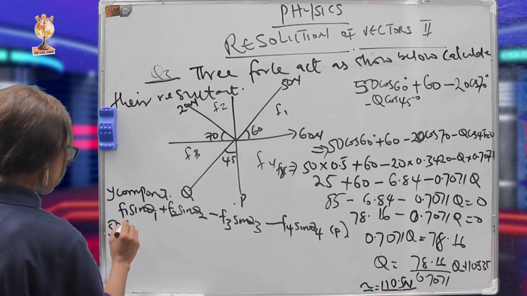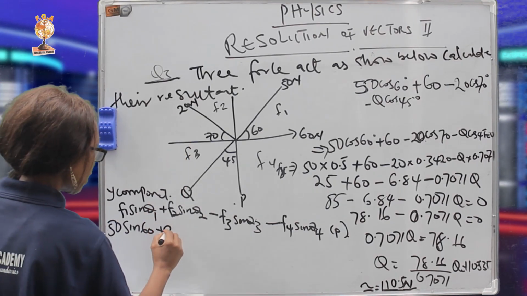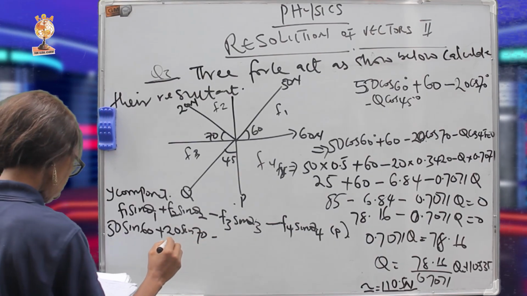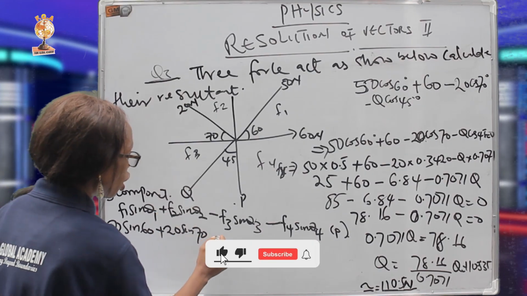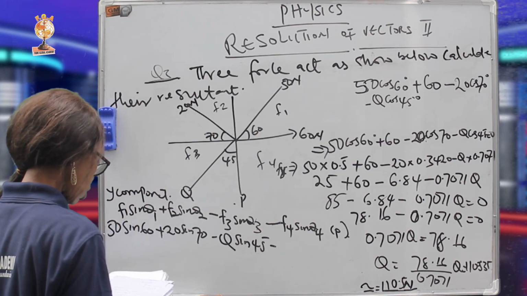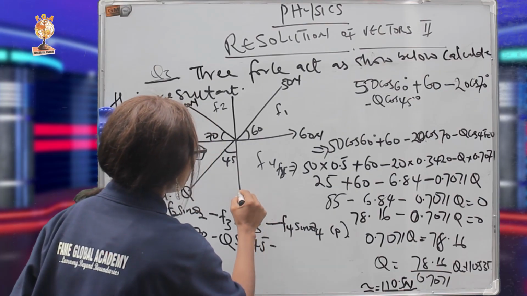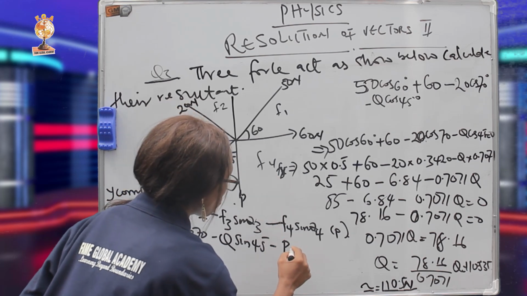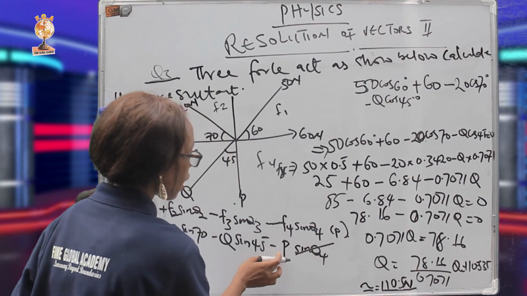So it becomes 50 sine 60 plus 20 sine 70 minus Q. F3 is Q. Q sine 45 minus P. F4 is just P. There's no angle, so we're leaving it at just P. Even if we put sine theta 4, there's no sine theta 4, so we'll leave it at just P.